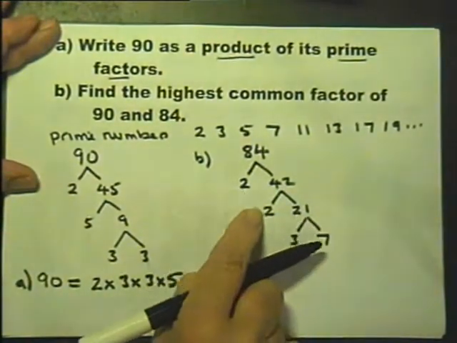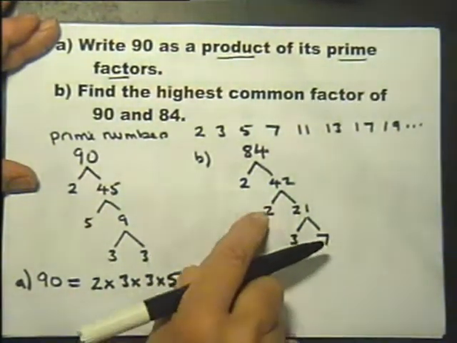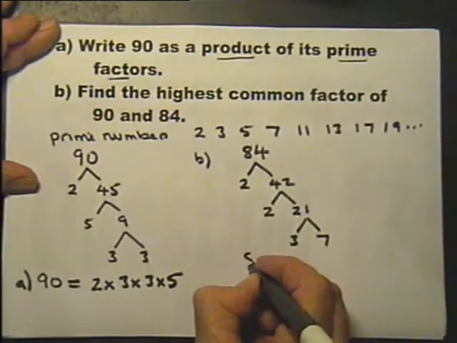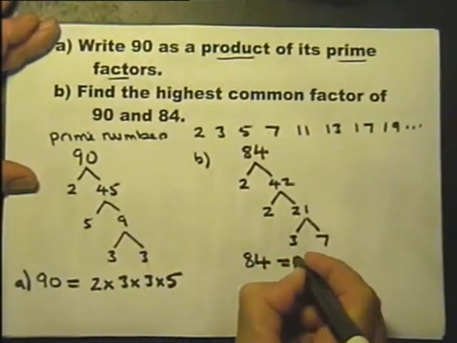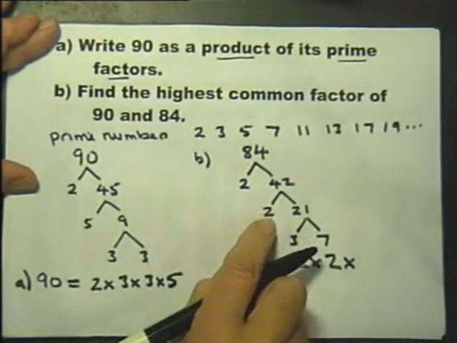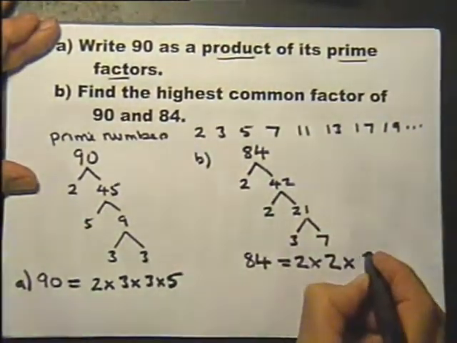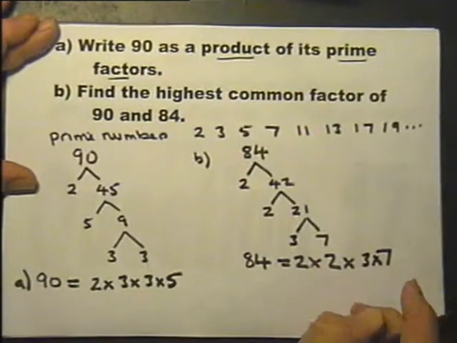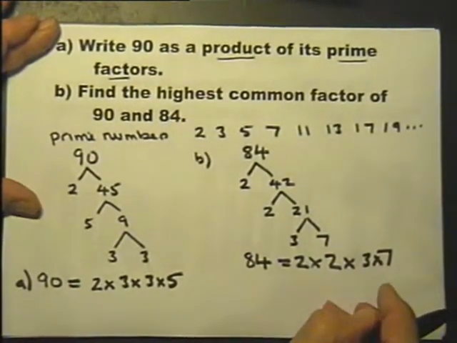So I've ended up with prime numbers at the end of each of these branches. So I can write 84 as 2 times 2 times 3 times 7. I have written 84 as a product of its prime factors.